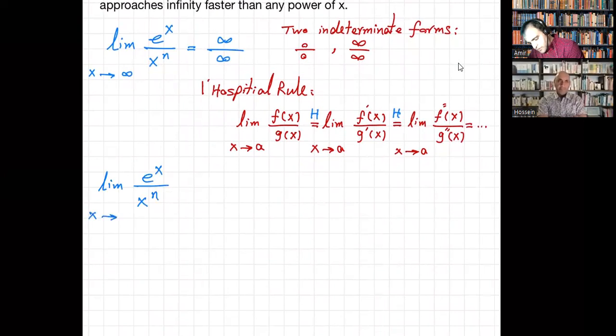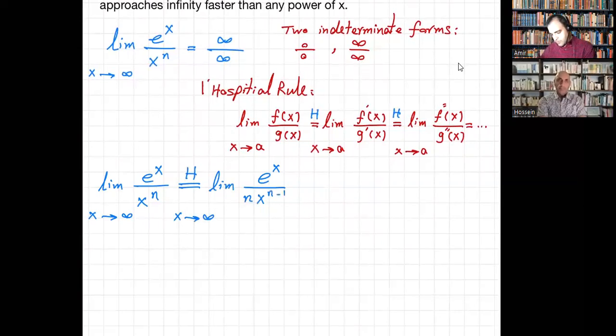As x approaches infinity, here I use L'Hôpital's rule. We are familiar with the derivatives of these two functions. The derivative of e to the power of x is again e to the power of x, and the denominator's derivative is n x to the power of n minus 1.